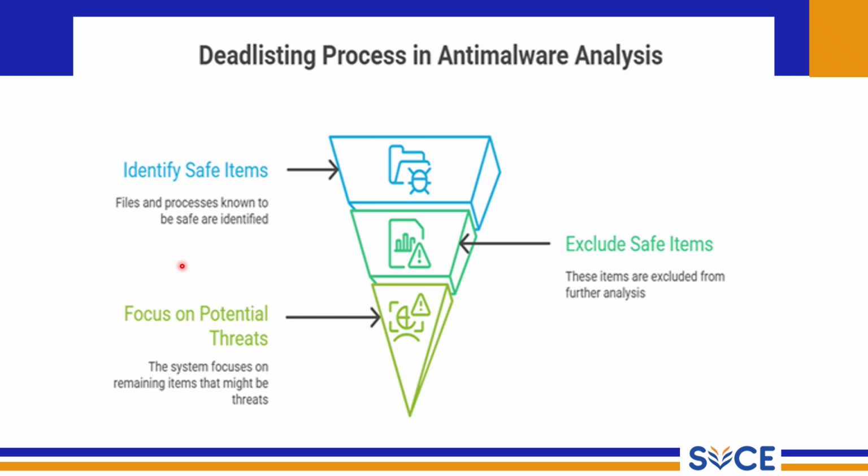Second, focus on the potential threats: the system focuses on the remaining items that might be threats. Next, exclude the safe items, so these items are excluded from further analysis. In such cases, you can go for the deadlisting processes involved in anti-malware analysis.